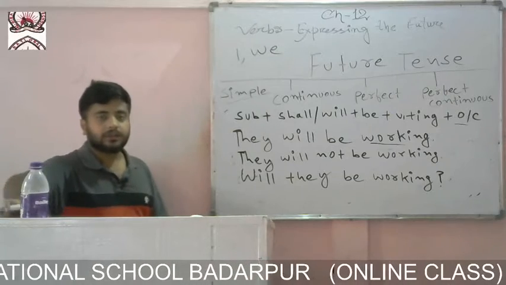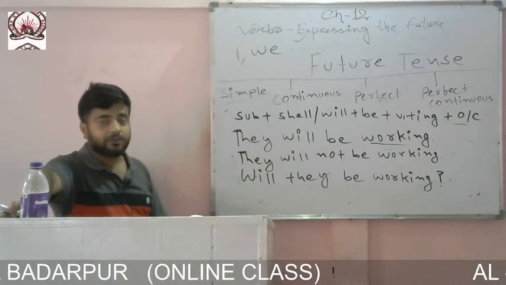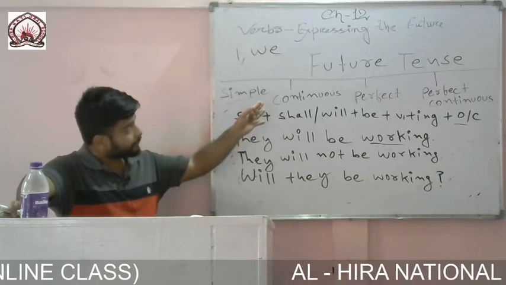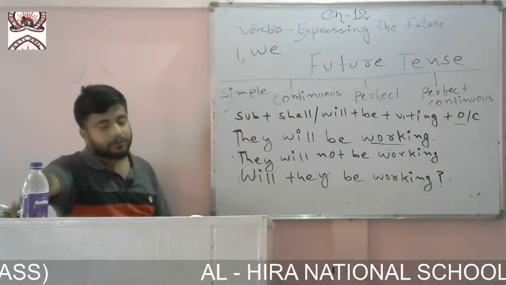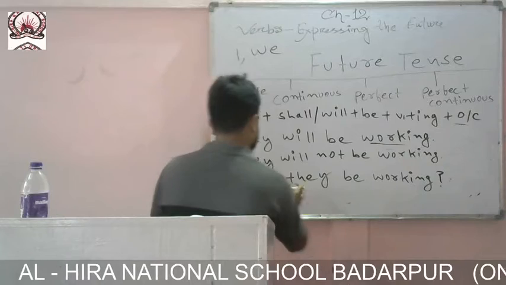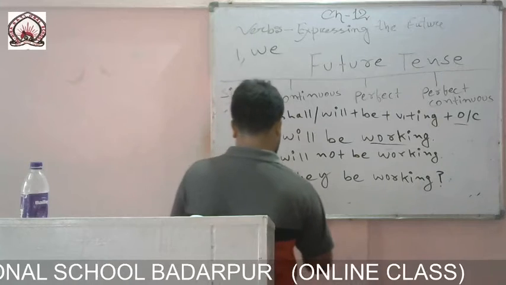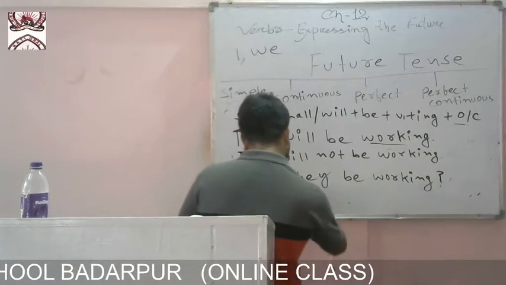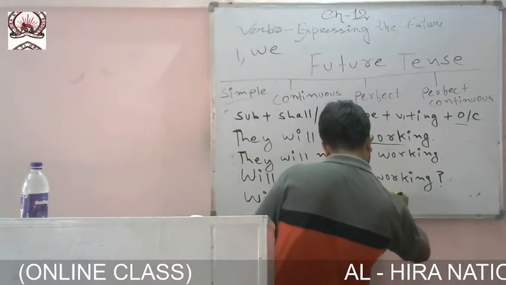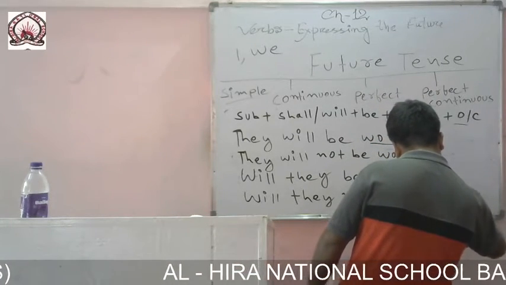Now if I want to change this sentence, they will be working, to future continuous interrogative negative, how do I change it? Very simple. At first the auxiliary verb, we know that if it is interrogative then the auxiliary verb comes first: will they not be working?